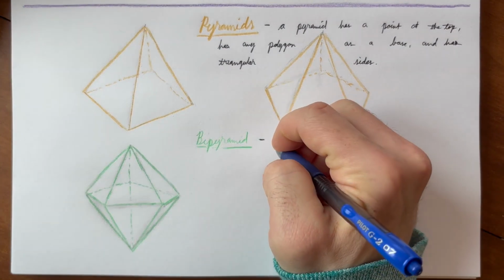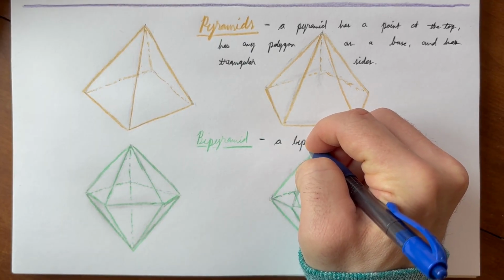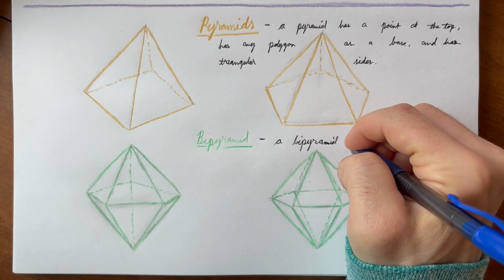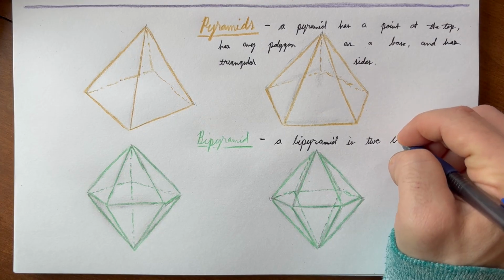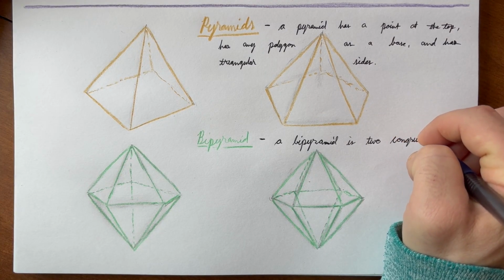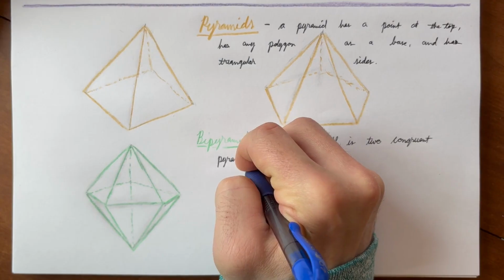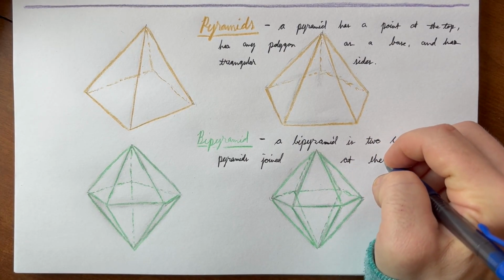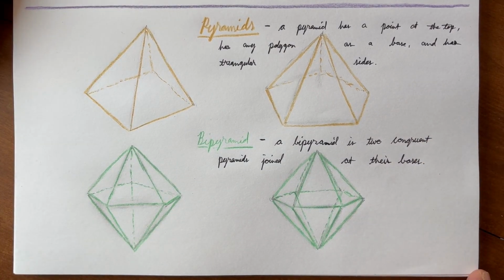Okay? So two congruent pyramids joined at their bases.